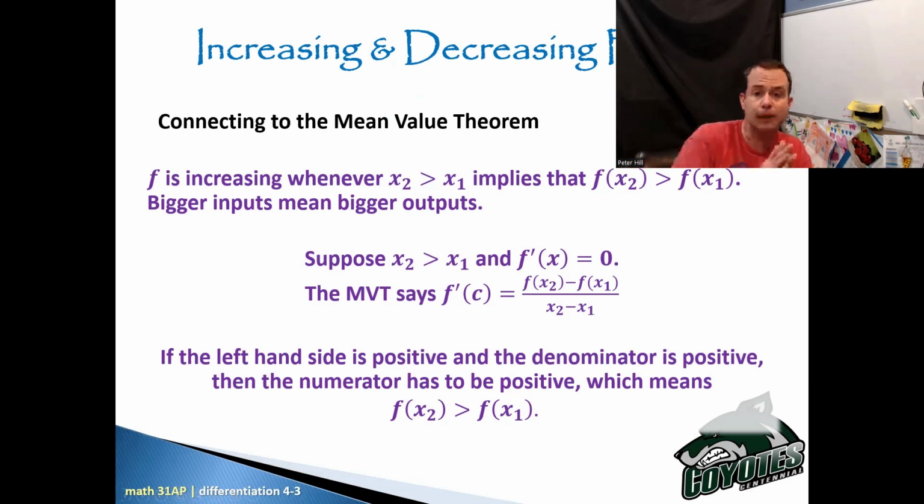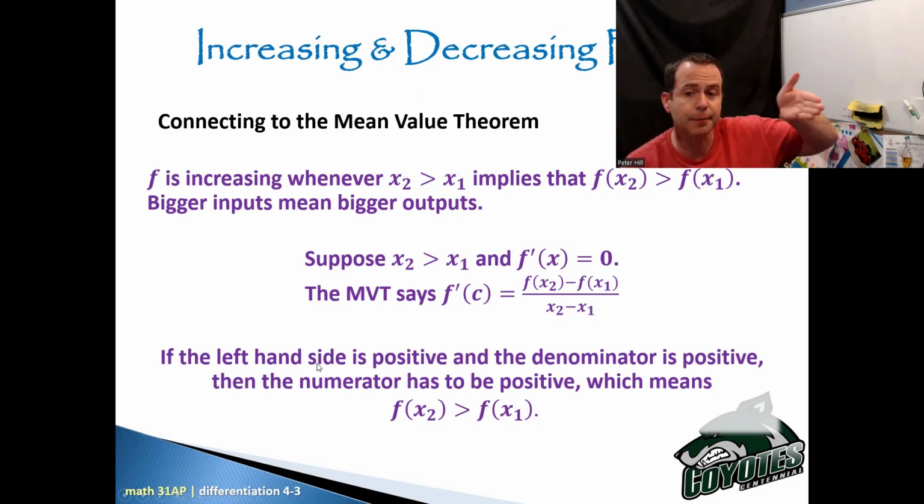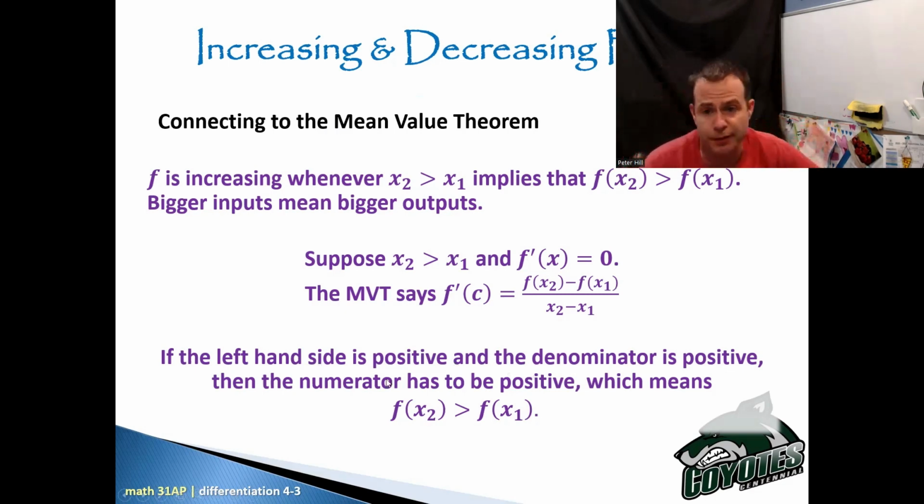That's the mean value, or the derivative at c essentially would be parallel to the slope formed from connecting x2 to x1. Now, if the left-hand side is positive and the denominator is positive, then the numerator has to be positive, which means the output for x2 has to be bigger than the output for x1.